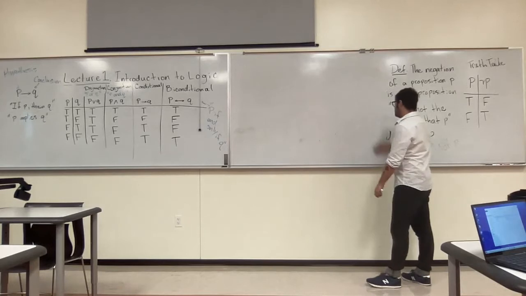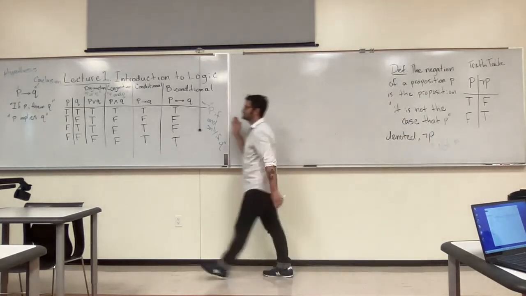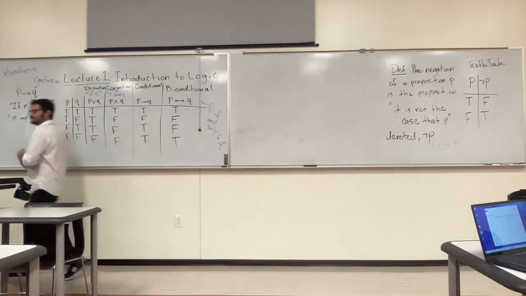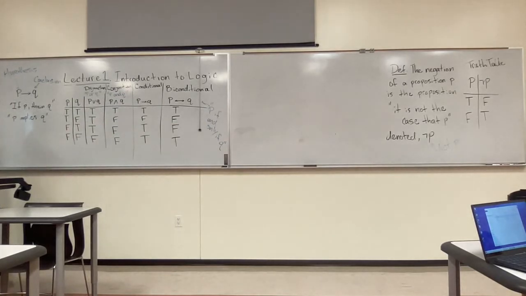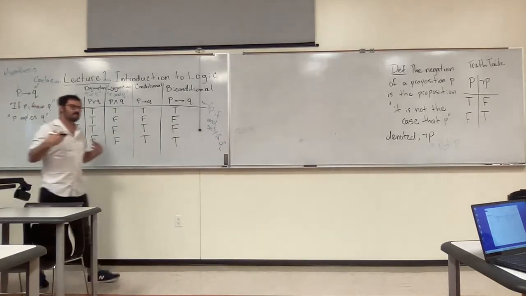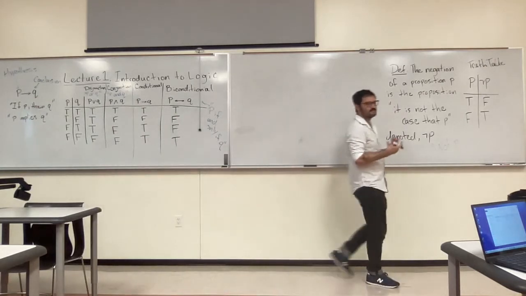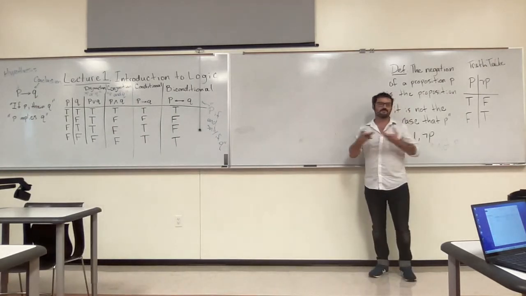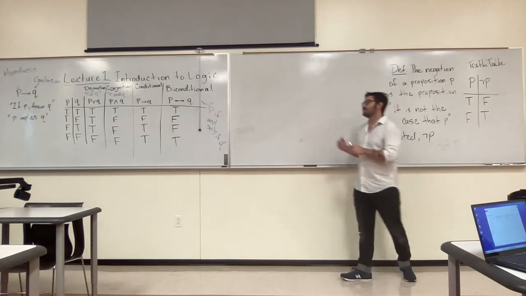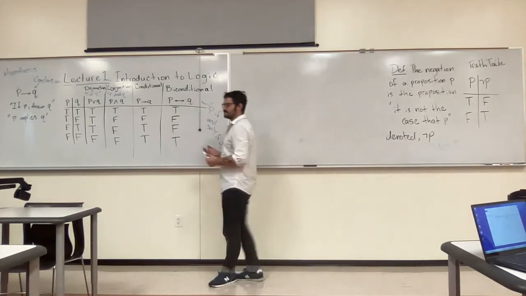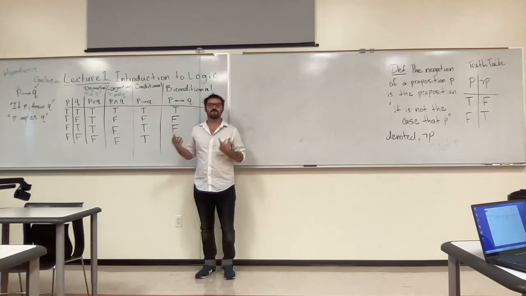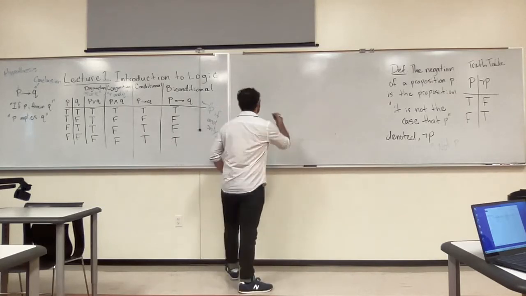And now that we have the basic operations that we can do between propositions, we can discover new relations, new logical equivalencies between compound propositions. But in order to do that, we need to know what it means for propositions to be logically equivalent. And that's the next definition.